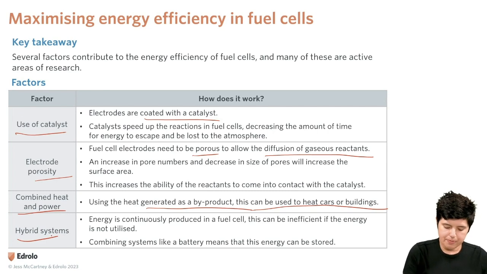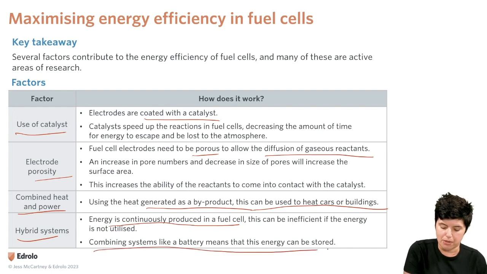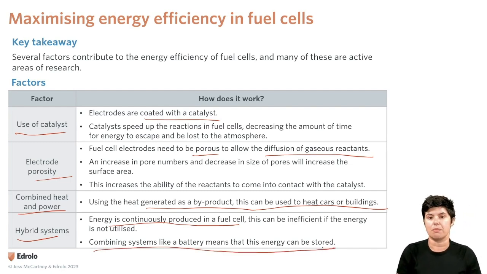Hybrid systems. So as energy is continuously produced in the fuel cell, this can be inefficient if it's not utilized. So combining different systems like a battery means that this energy can be stored. So instead of the fuel cell just continuously producing energy, which it is meant to do, we can actually store that energy for later use. And this increases the efficiency and it reduces that byproduct waste.